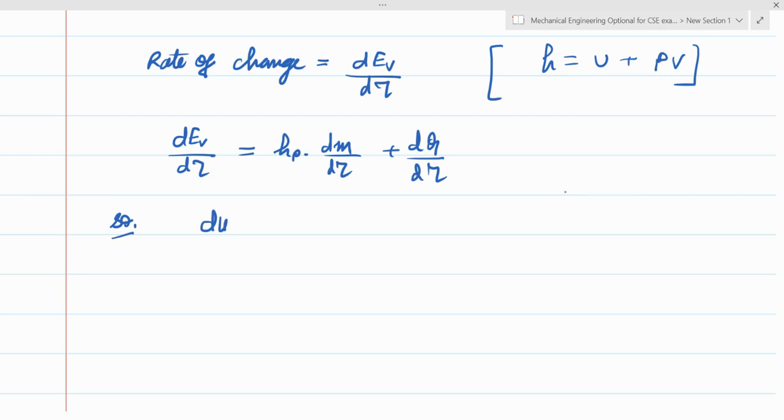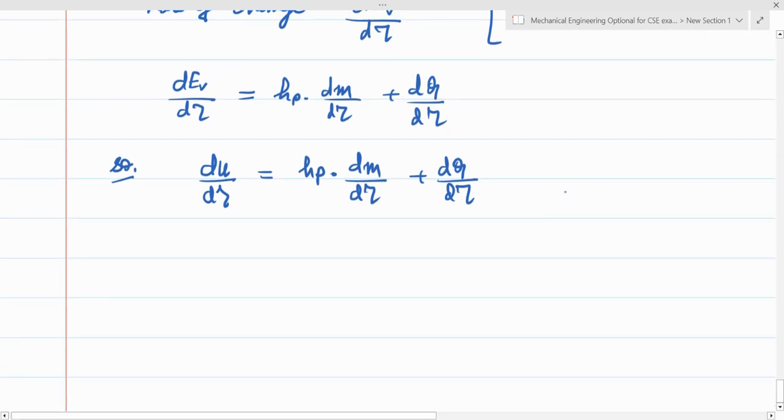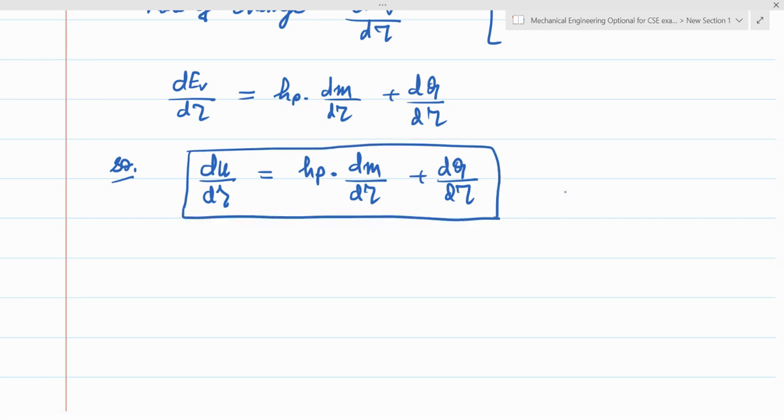So dU by d tau comes out to be Hp dm by d tau plus dQ by d tau. This comes out to be the equation for this control volume.